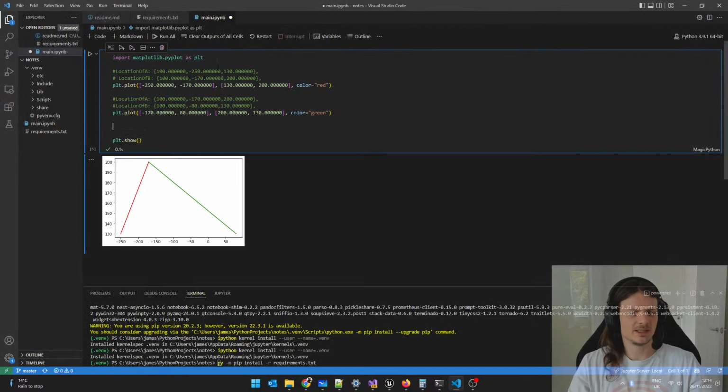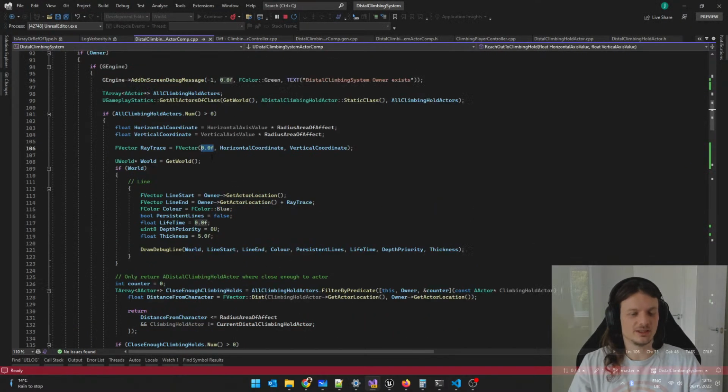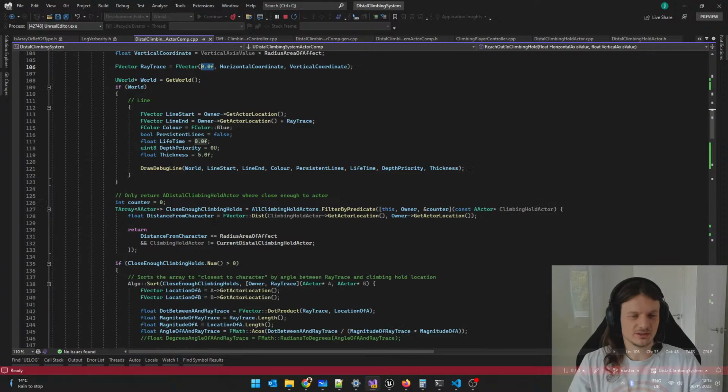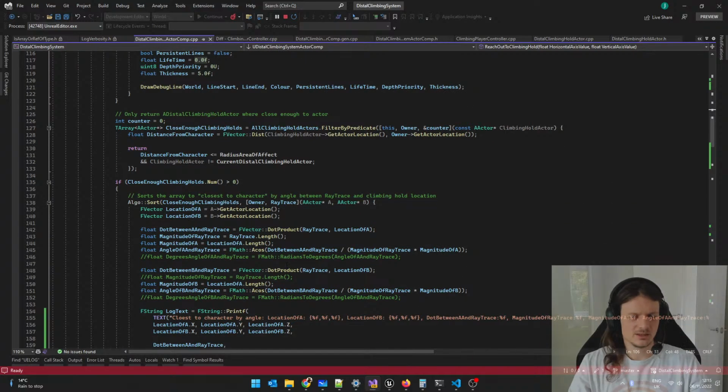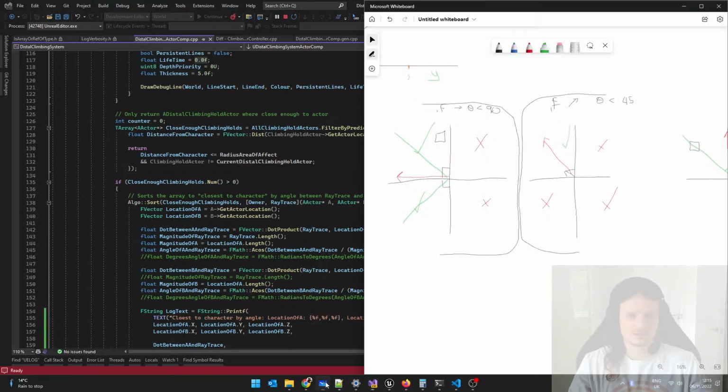So yeah, it's interesting, isn't it? I tell you what I'm going to do. I'm just going to do this again, but make sure I've got the offset of the character. Because basically, let me just try and draw it.